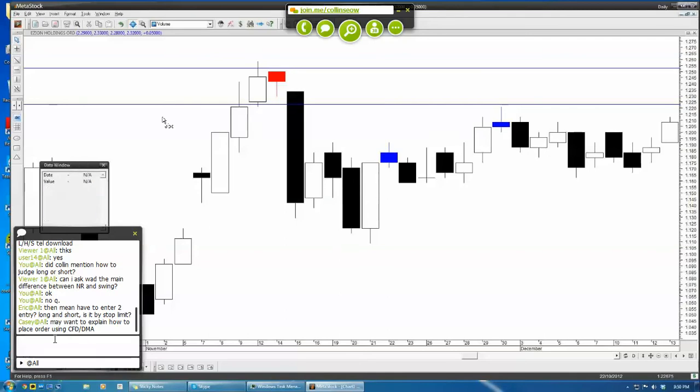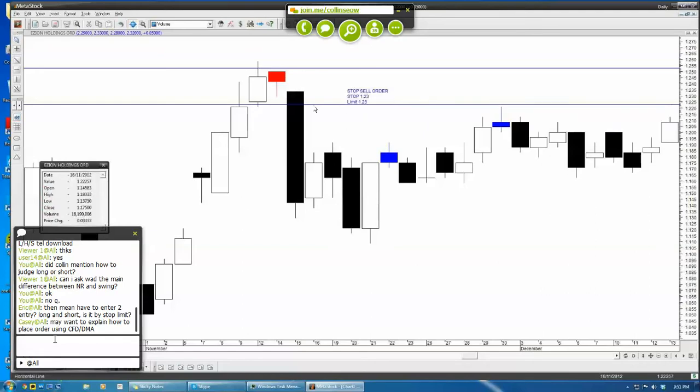On the CFD, you put in what we call a stop sell order. For the sell order, the low is, let's say, 1.23. So your stop limit price will be 1.23.